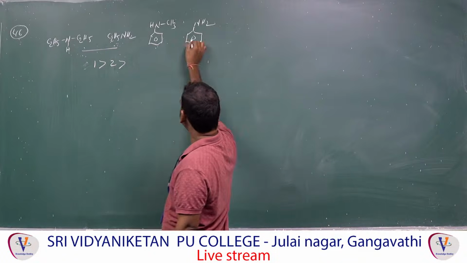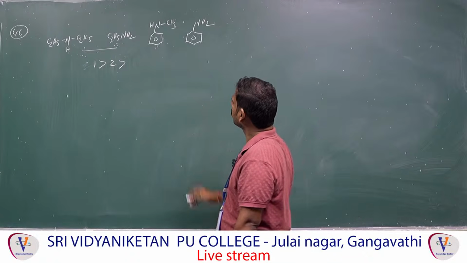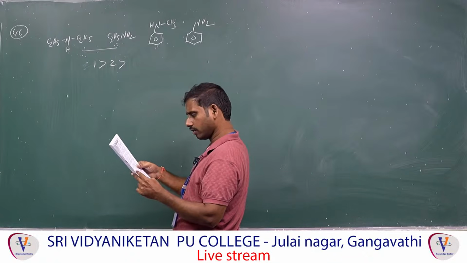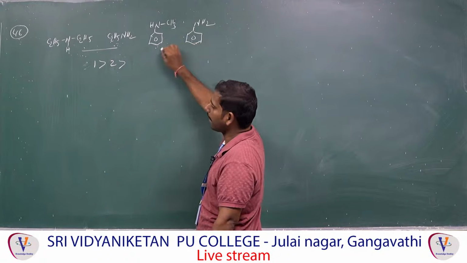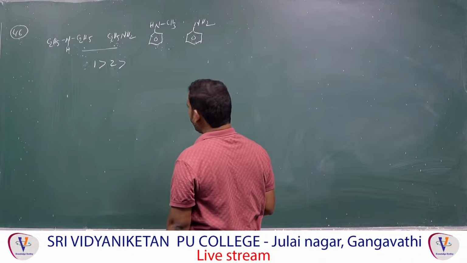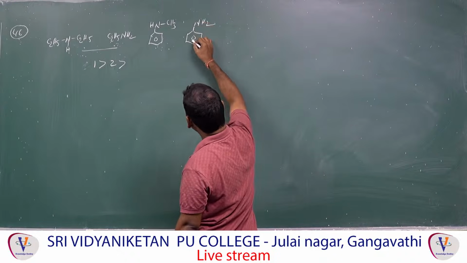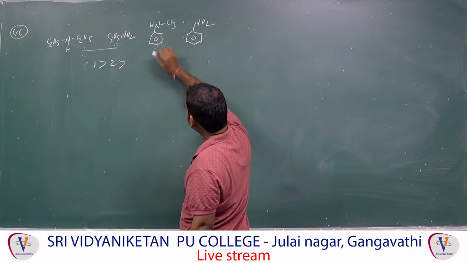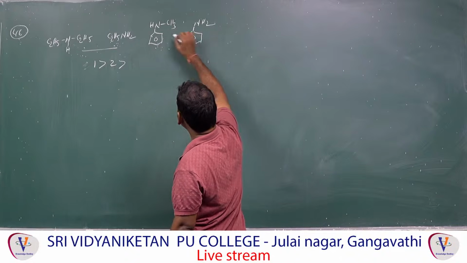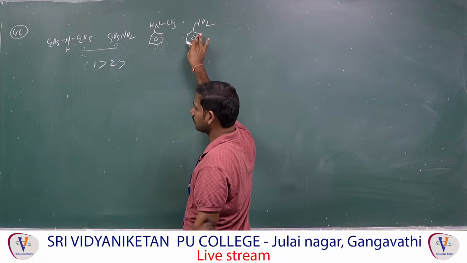In these two aromatic compounds, the nitrogen atom is directly attached to the benzene ring here, and here also. That means it is under conjugation. Conjugation means it involves resonance.